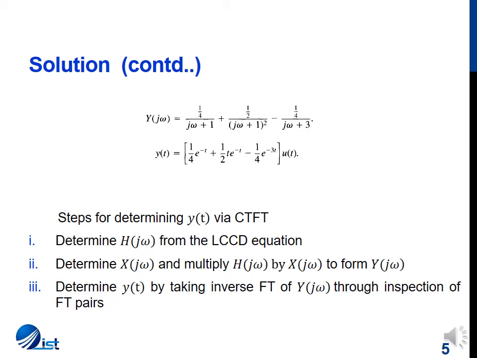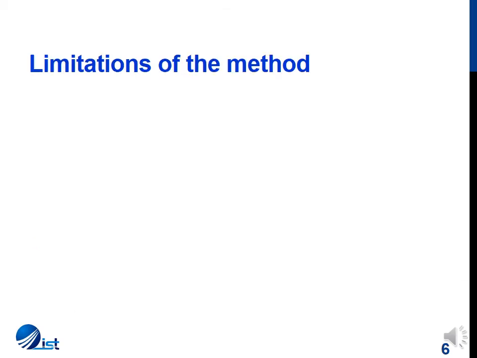The procedure for solving this is the same as the Laplace transform, so we will not be doing many examples. This method has a disadvantage, or can be applied only under certain conditions, which will be seen in the next slide. As I mentioned on the previous slide, the method of solving an LCCDE through Fourier transform has certain limitations.